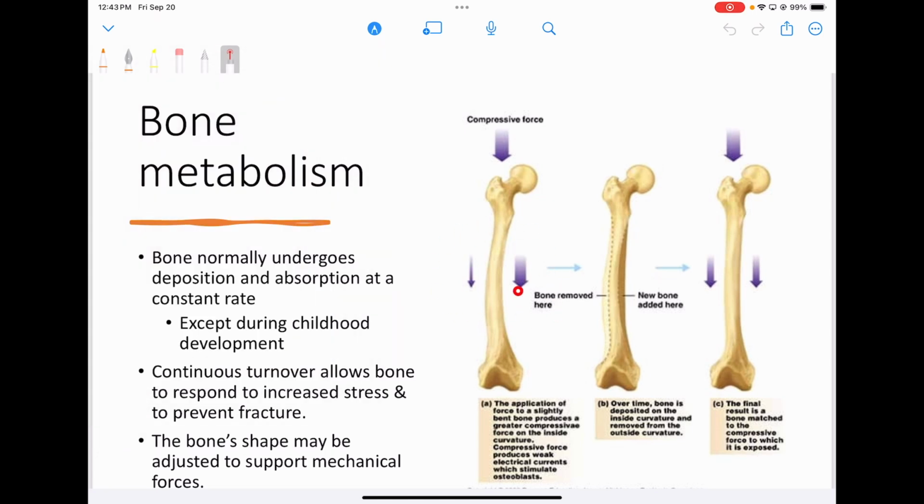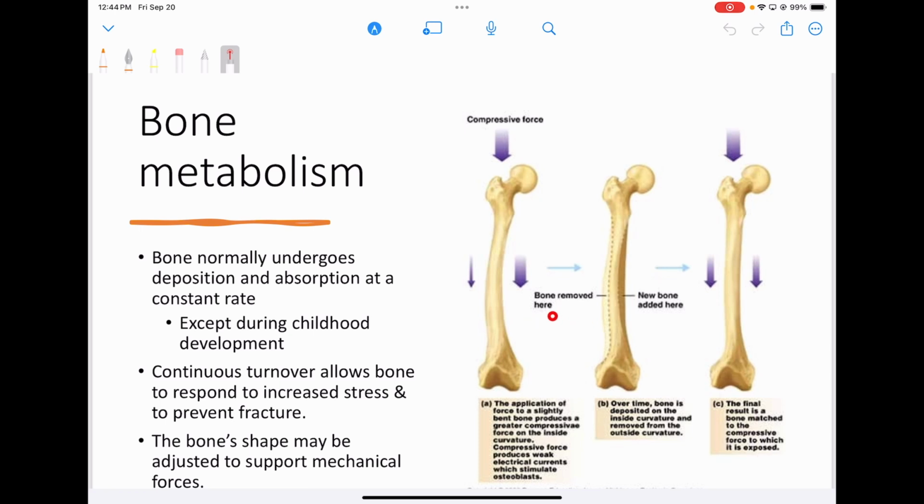Very thick right here, because this is the majority of where the weight bearing is occurring. On that side, it's very, very minimal. So because the lateral side is weak as far as not getting a lot of compressive forces, but the medial side is getting a lot, what will happen is the bone's going to remodel.